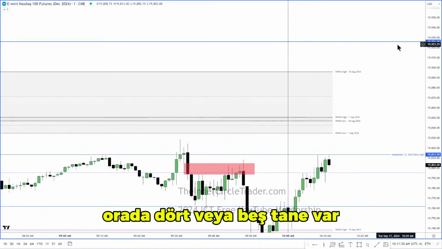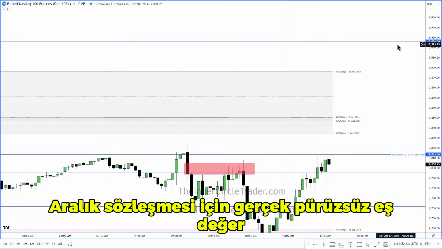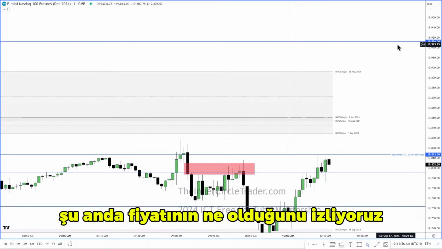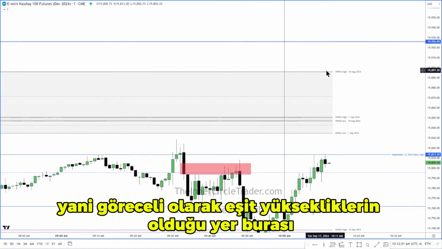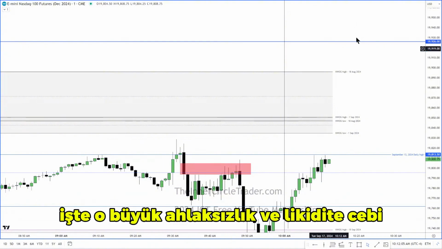There are like 4 or 5 of them up there, real smooth. The equivalent for the December contract, which is what we're watching price in right now, is the same thing here, right? So that's where those relative equal highs are. That's that big pocket of buy side liquidity.